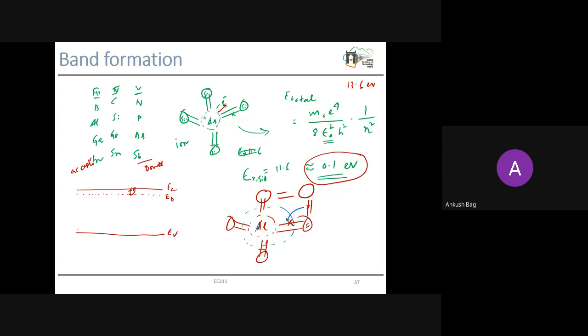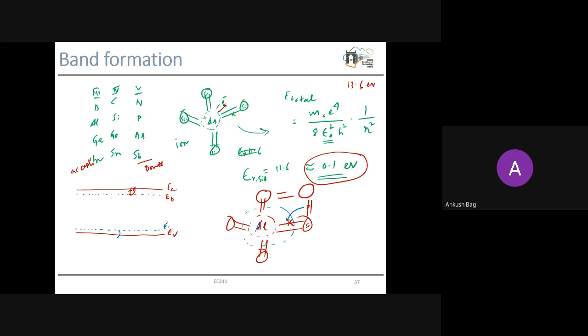In the band diagram you can show this as an acceptor energy level, like the donor energy level, but it is closer to your valence band because it accepts an electron and donates one vacancy, that is, one hole.